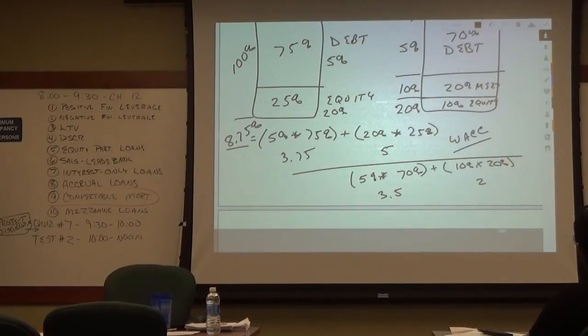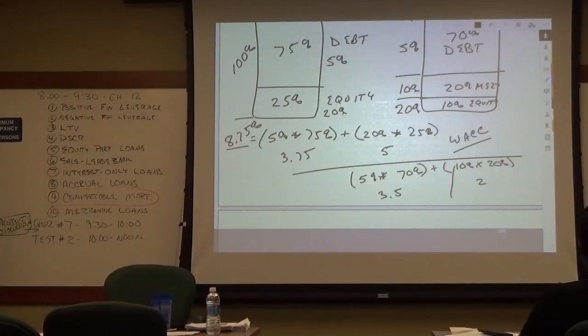That's going to give us 5.5, but that is not, let me think about this for a second. No. Okay, that is going to be the proportional amount of the cost of debt, but not the actual cost of debt.